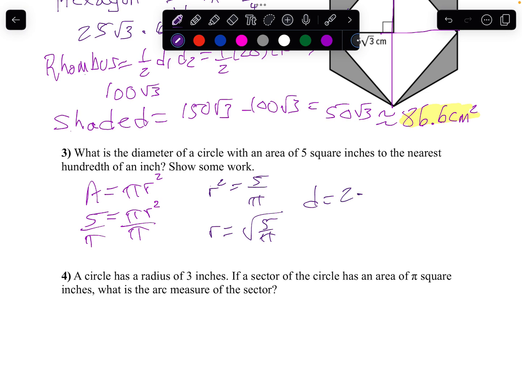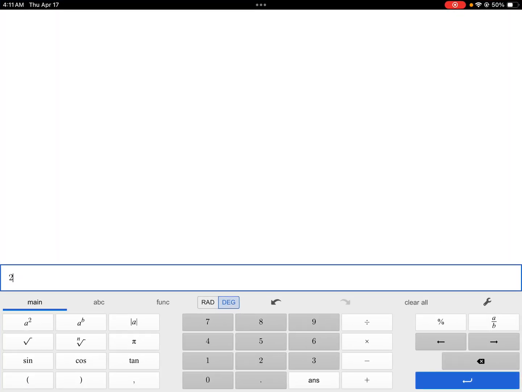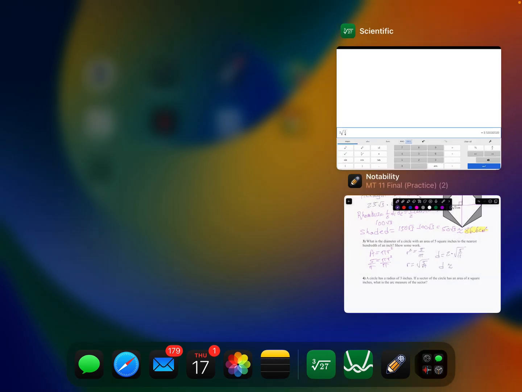I'm going to take 2 times the square root of 5 over pi, and then I'm going to round that answer to the nearest hundredth of an inch. So if we take 2 times the square root of 5 over pi, we get about 2.52 inches.